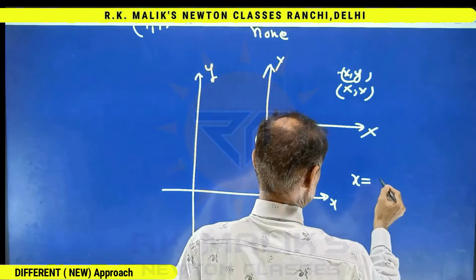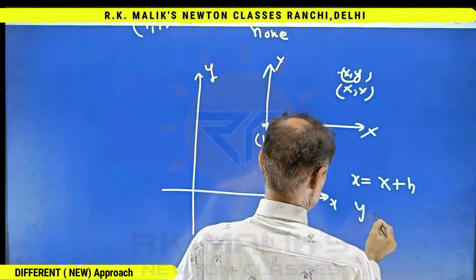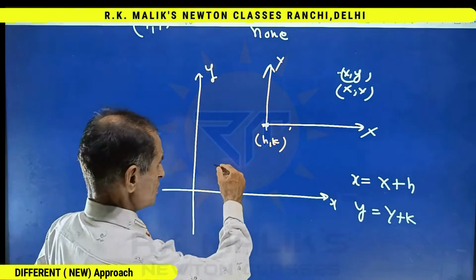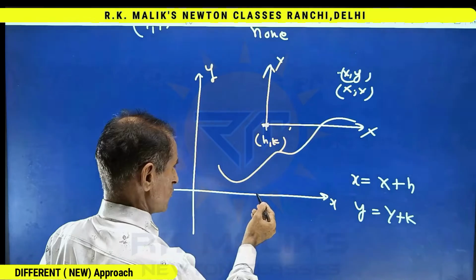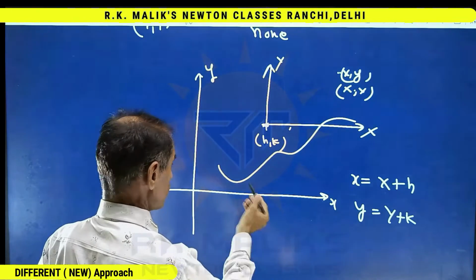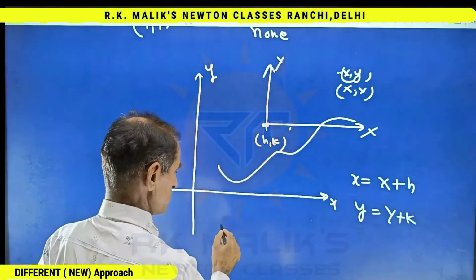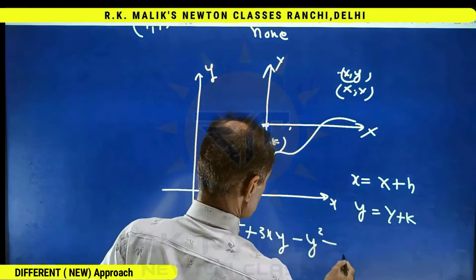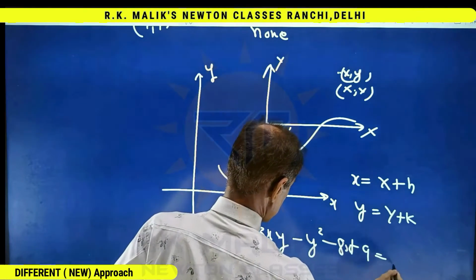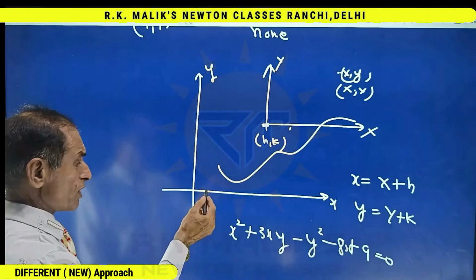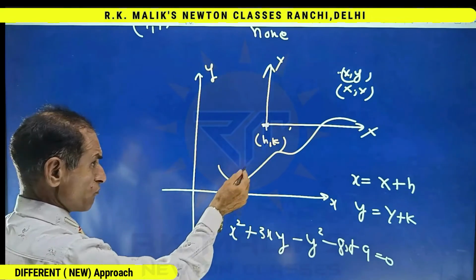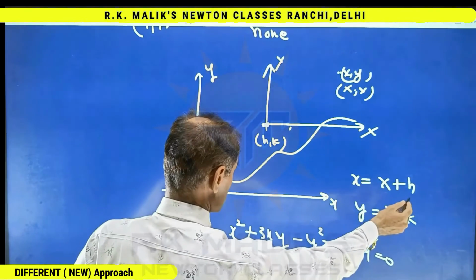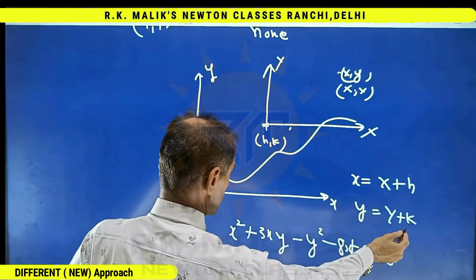Just now I told you small x is capital X plus h, small y is capital Y plus k. That is, if some curve is given which has some equation according to the old x axis and y axis, and I want to find the equation of the same curve with respect to the new x axis, y axis, then for x you will write capital X plus h, for y you will write capital Y plus k.